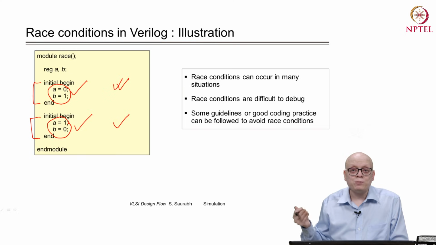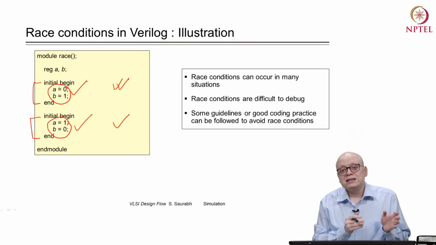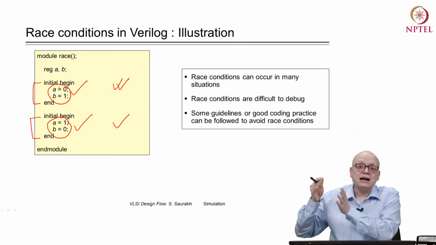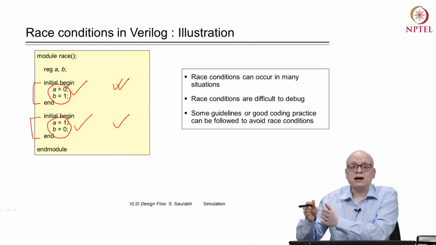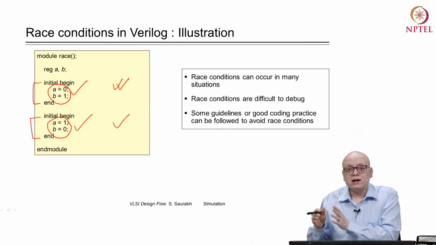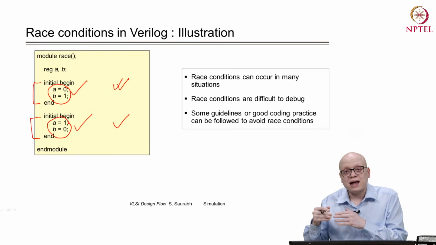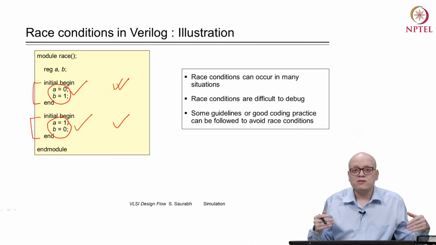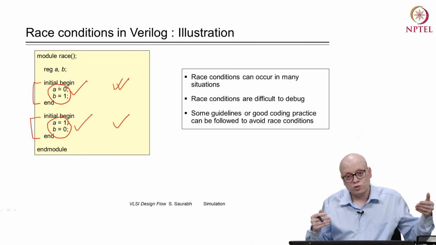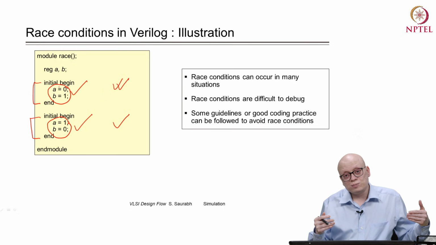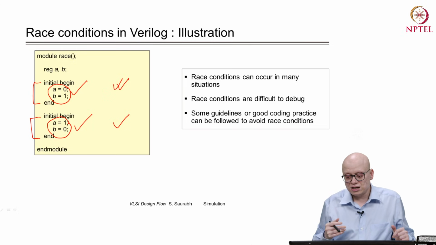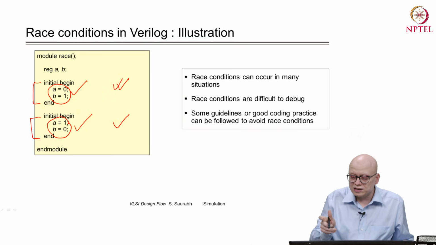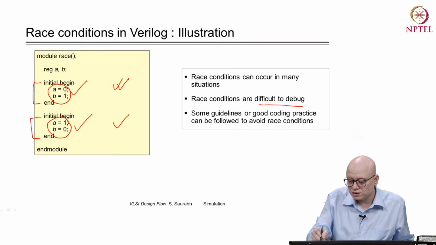Then we go back and trace that the results produced by the gate level simulation and the RTL simulation vary because there was a race condition, and the simulator assumed one behavior and the synthesis tool another. So, race conditions can be very problematic and often difficult to debug.